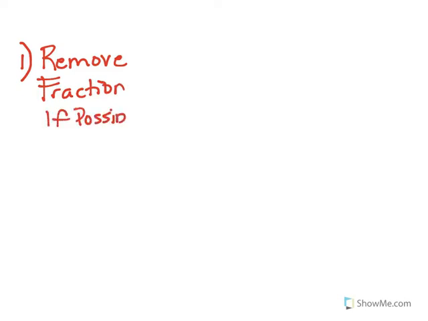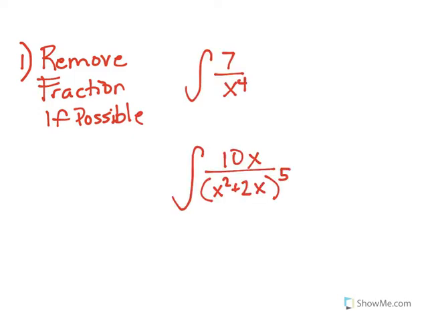Okay, step one is going to be remove fraction if possible. And what I mean by that is there are several times the problems will look like this, where you will see the original problem written as a fraction.